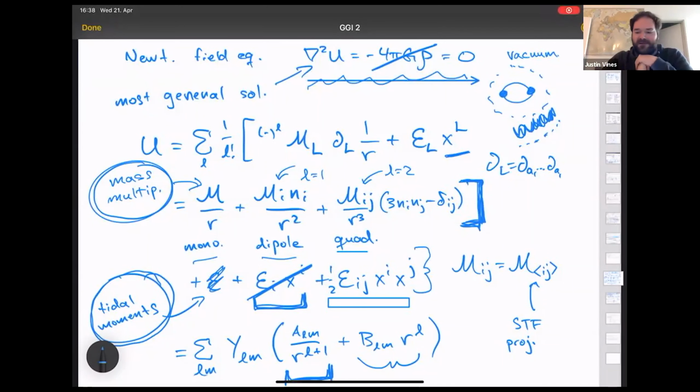Previously, there was difficulty in separating the external tidal field from the internal deformation response.